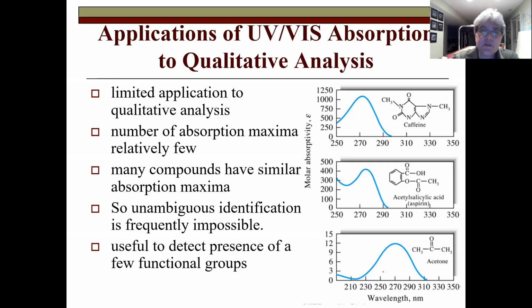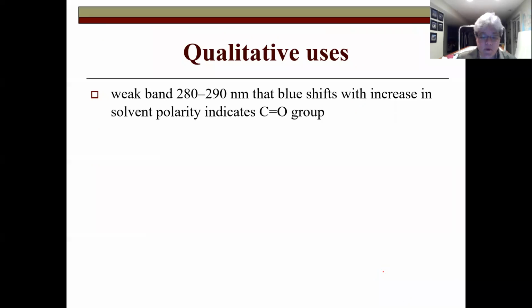It is useful to detect a few functional groups. For example, if you have a weak absorption band from 280 to 290 and it blue shifts when the solvent polarity increases, that tells you it has a carbonyl group. So here's a band that blue shifts in a more polar solvent. What kind of transition is that?